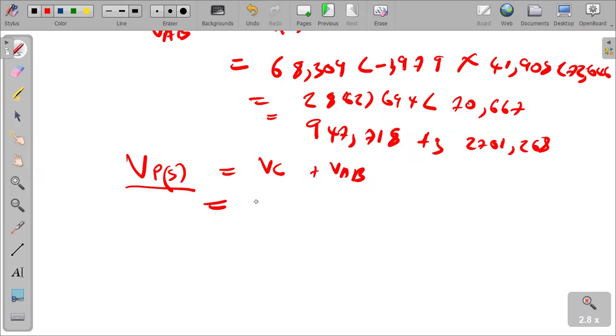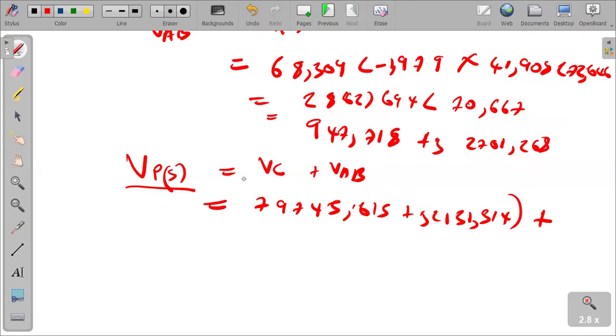So we are now taking 79,745.615, that's our VC, by the way, plus J2131.514, plus VAB, that's 947.718 plus J2701.268.